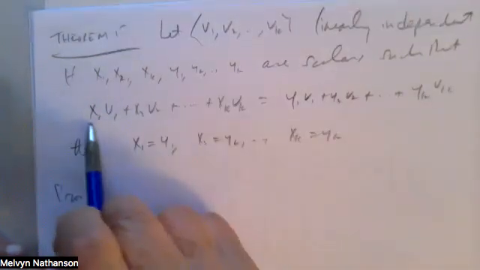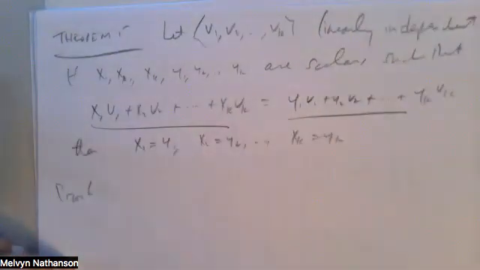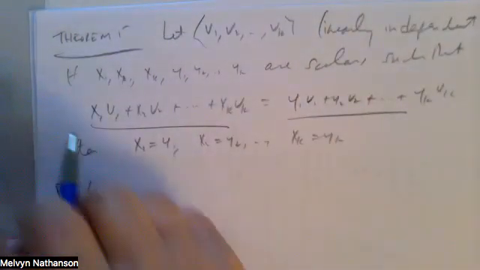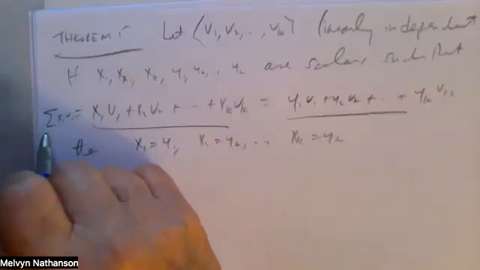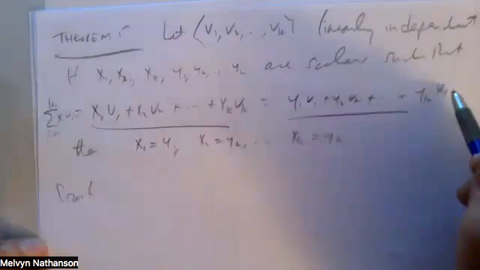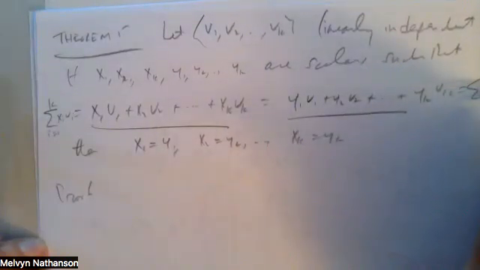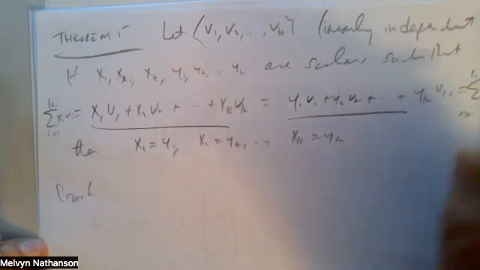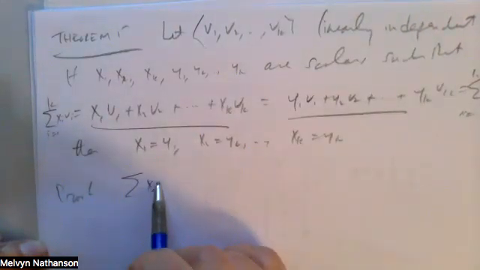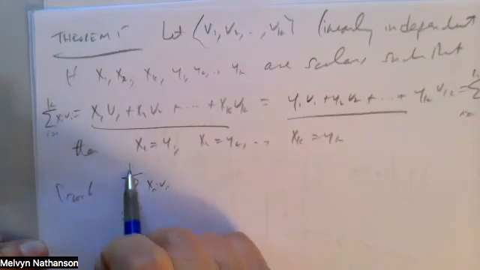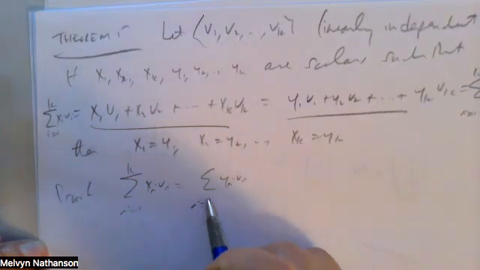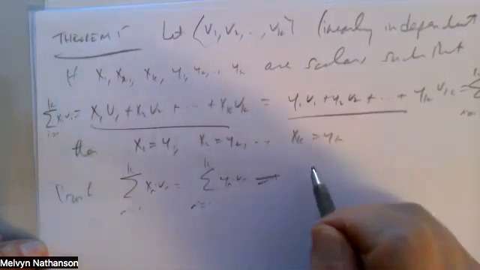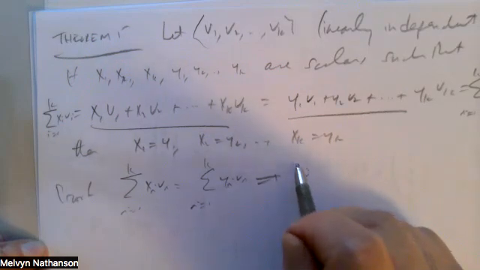And the proof is that if this equals this, so I can write this using sigma notation. This is the summation of xi vi, i goes from 1 to k. And this is the summation of yi vi, i goes from 1 to k. So the summation of xi vi equals the summation of yi vi means that the difference is the zero vector.